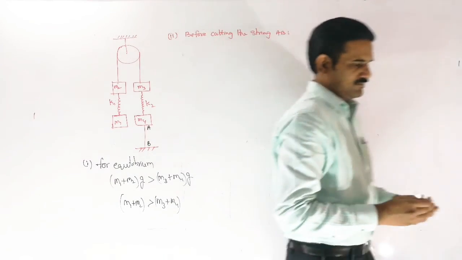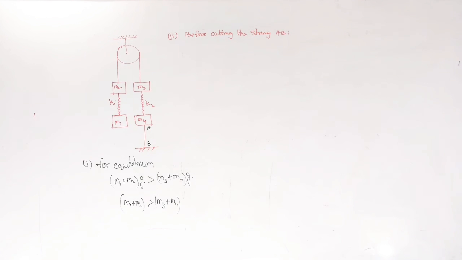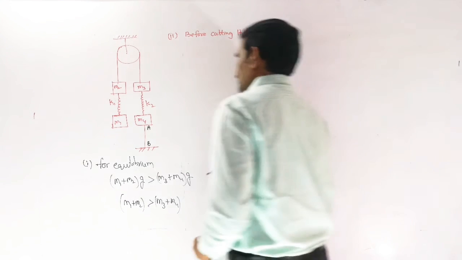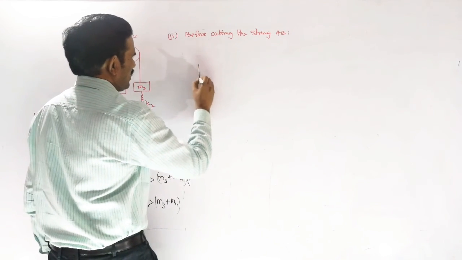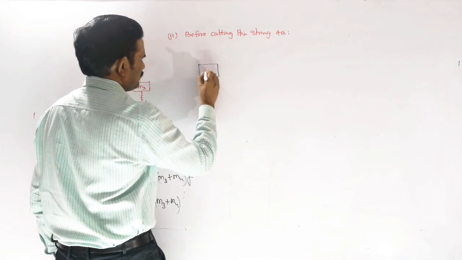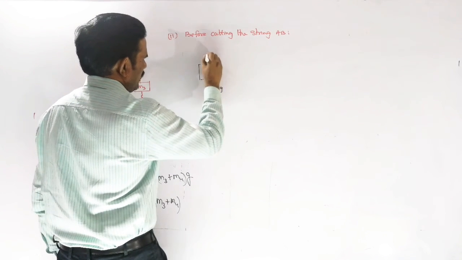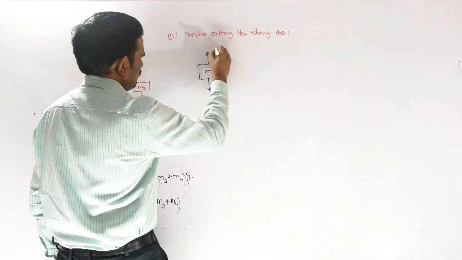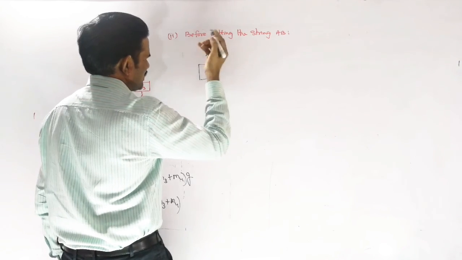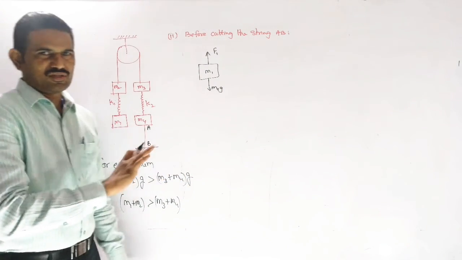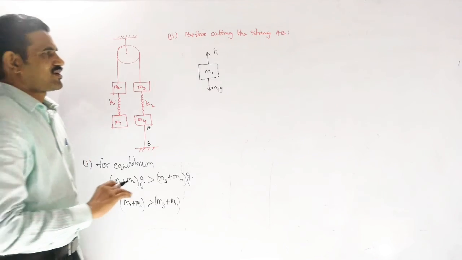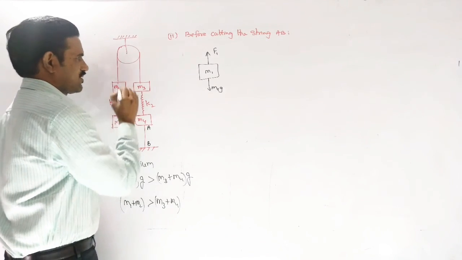First the FBD of M1: M1G, and some spring force will be there. I am taking this spring force as some F1, so that spring force calculation is not required.